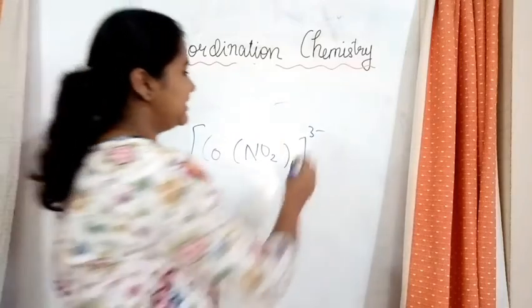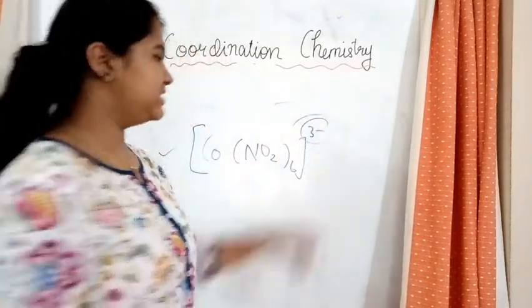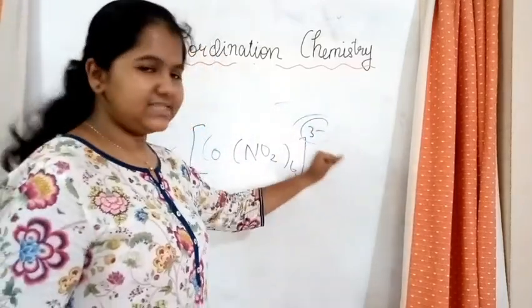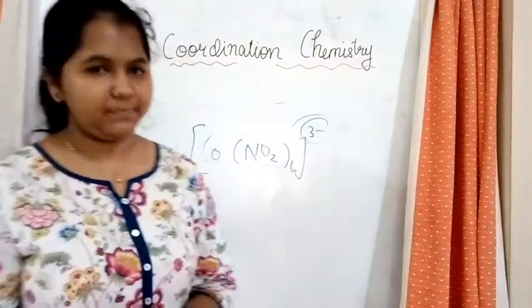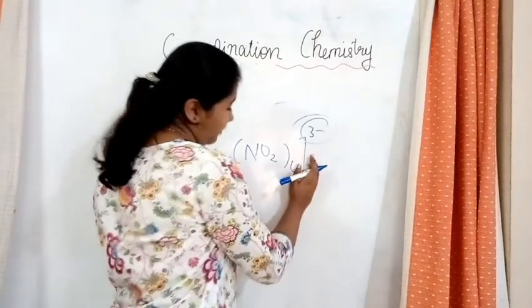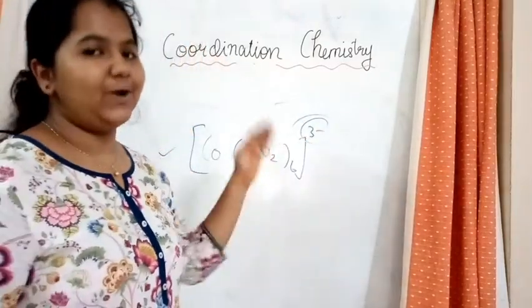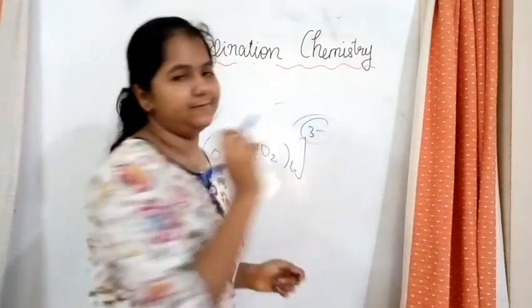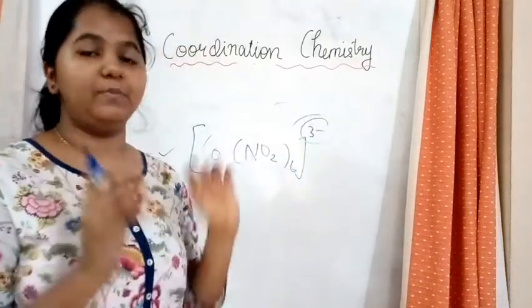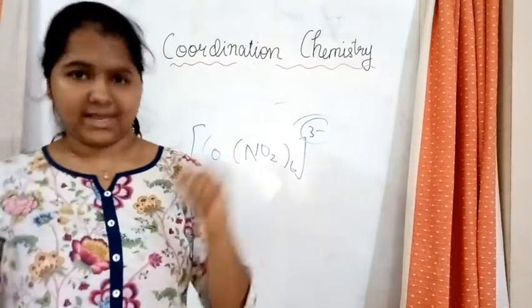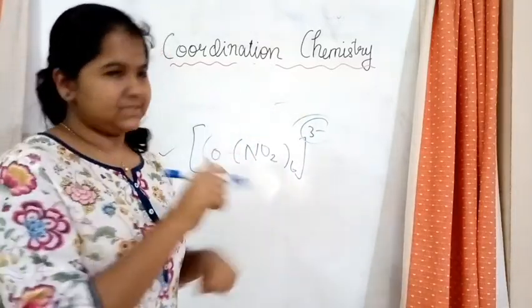Over here, can you see there's a charge and there is no other counter ion. So this entity alone is not a coordination compound with a counter ion. This is just the coordination complex, and this coordination complex is also an ion because it has a negative charge. So when you write this, when there's a charge above, you have to mention ion towards the end. Okay. So now let's name this.